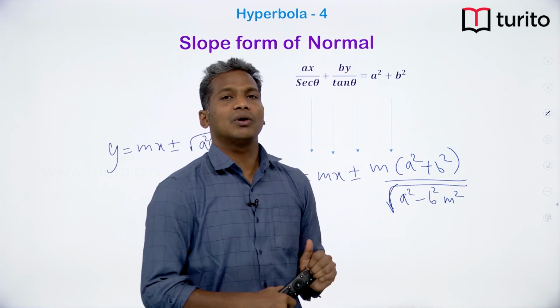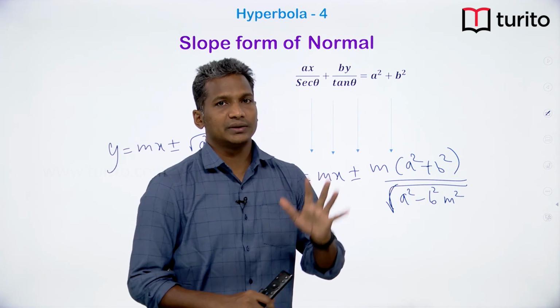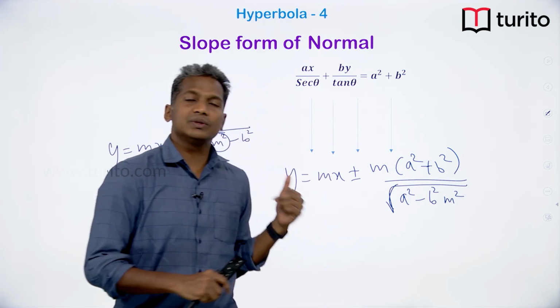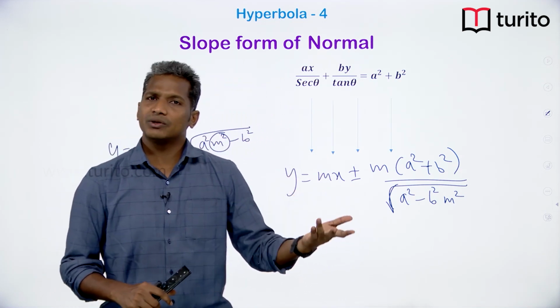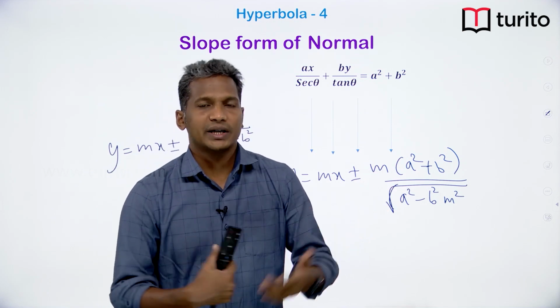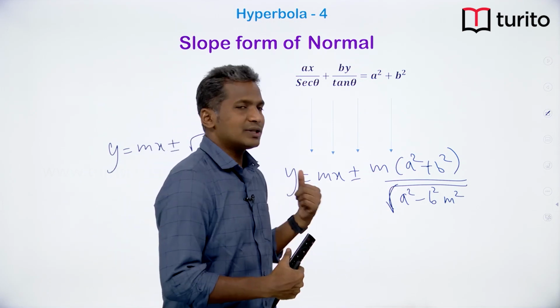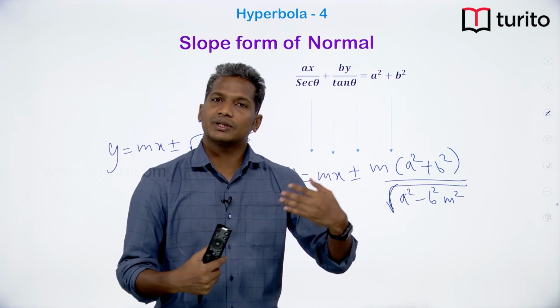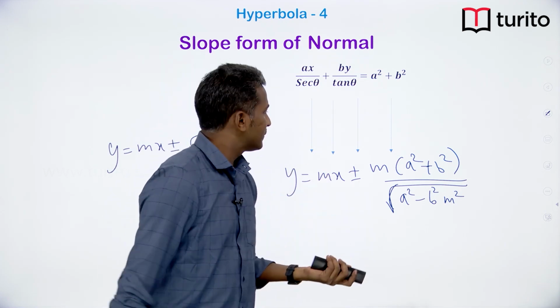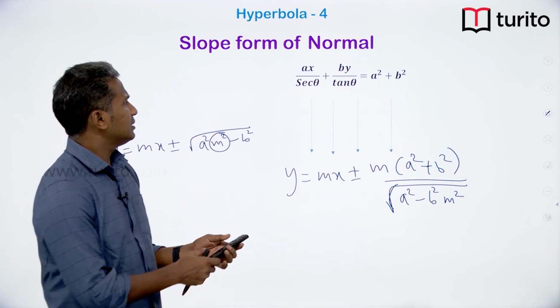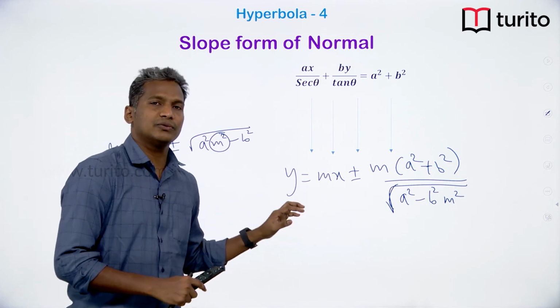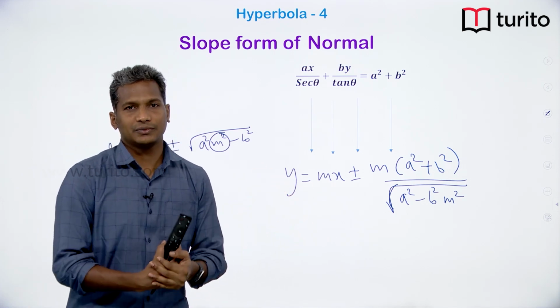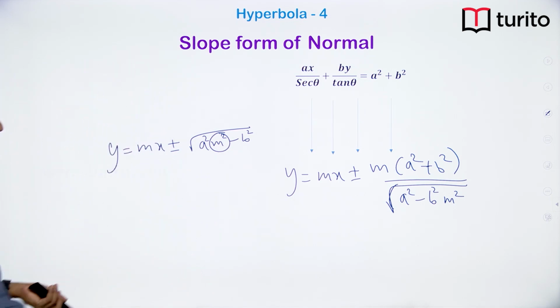This is called the mapping technique to remember. We can use this in any subject, even in chemistry. I will also discuss this mapping of ideas towards the end of the chapter. So this way we can derive the slope form of the normal to the hyperbola. Come on, make a note of this.